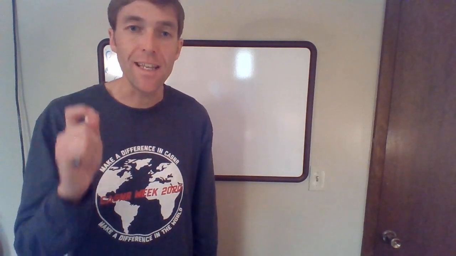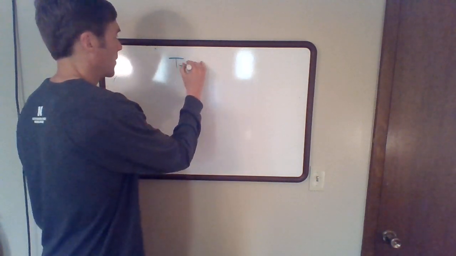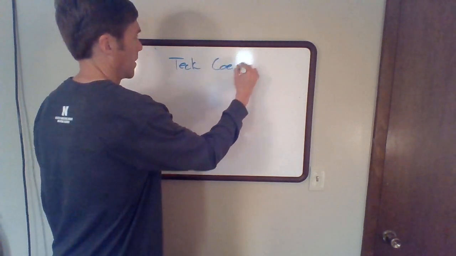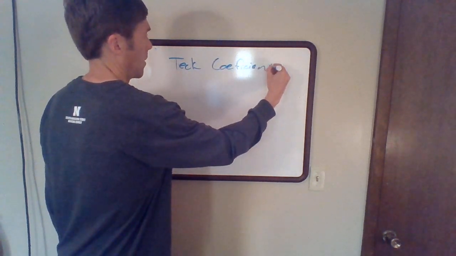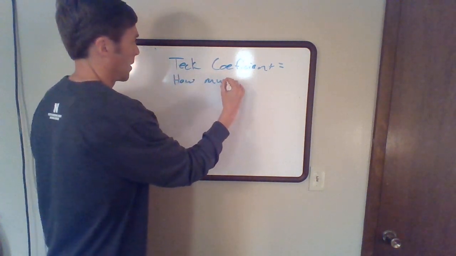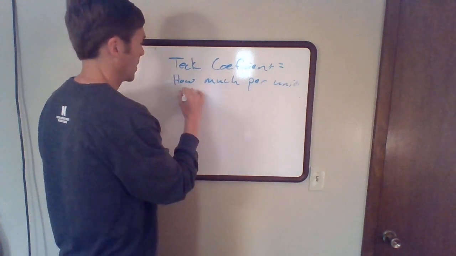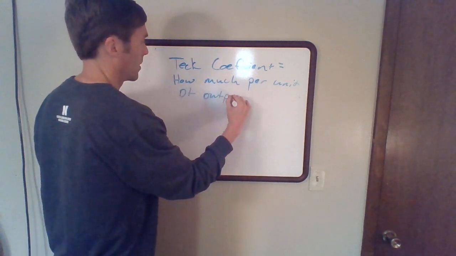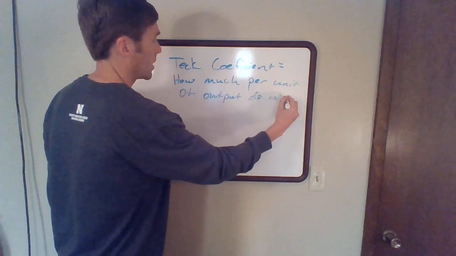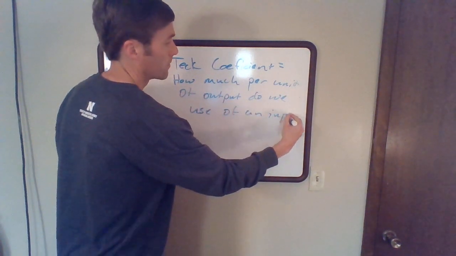So when you're identifying technical coefficients, a technical coefficient is how much per unit of output do we use of an input.